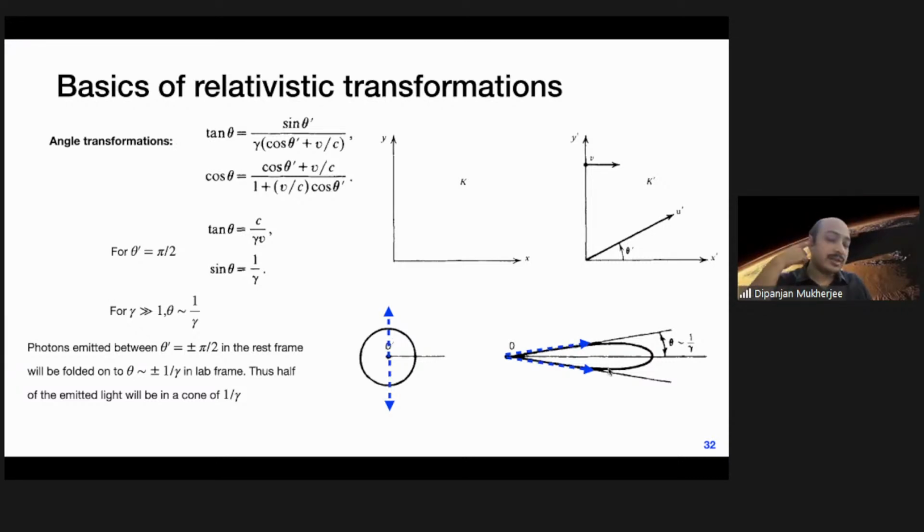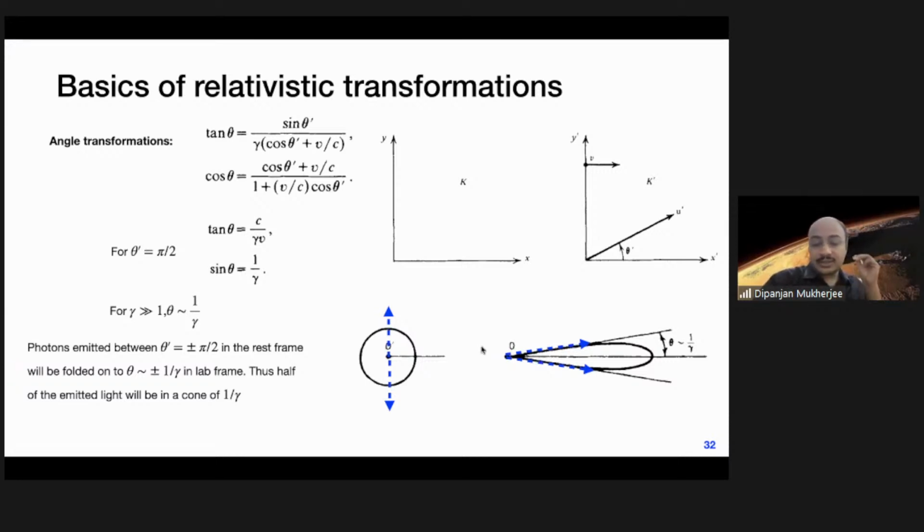So if, say, gamma is 100, starting from pi by 2, all of the radiation that is in one half of the solid angle will get mapped into a very small, narrow solid angle whose extent is 1 by gamma, or a cone of half width 1 by gamma. So what this means is half of the energy radiated is being mapped into a very small cone. So essentially the radiation is then called beamed along the direction of motion of the particle.